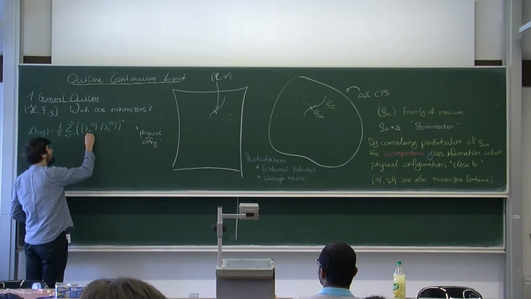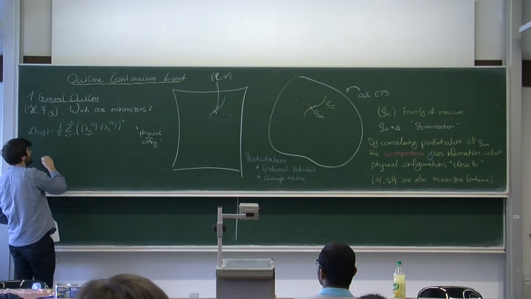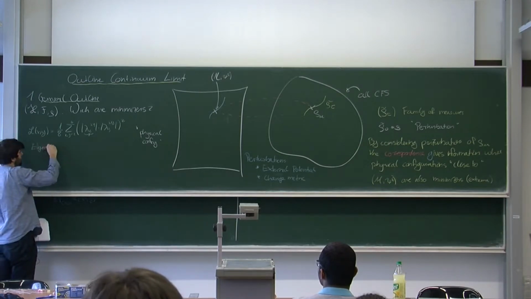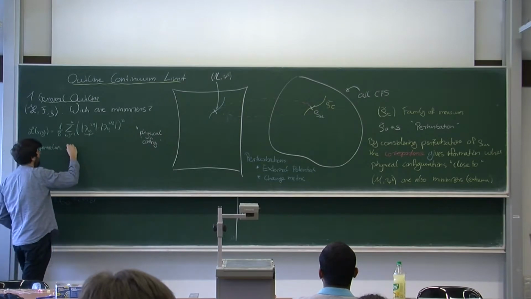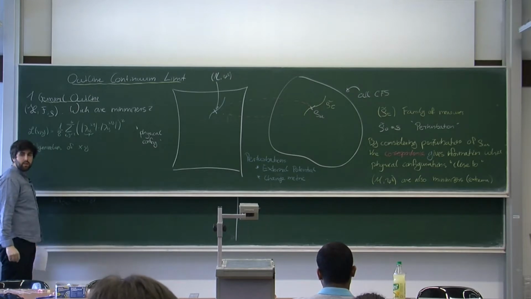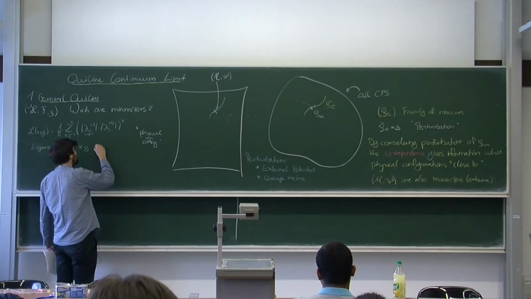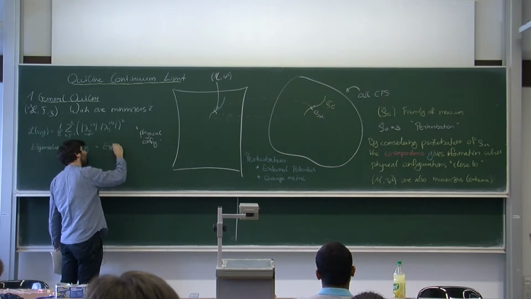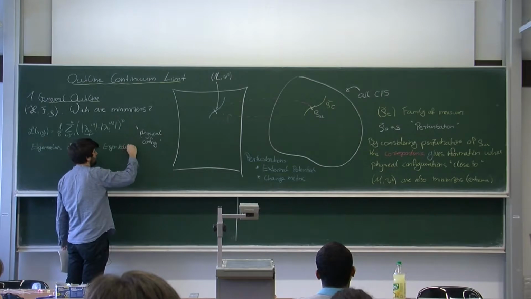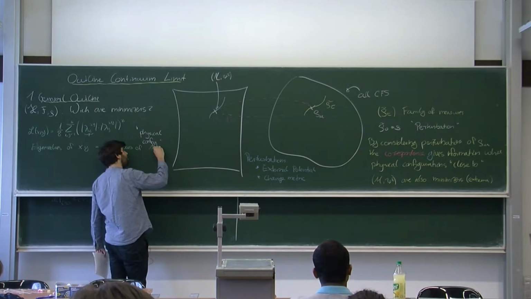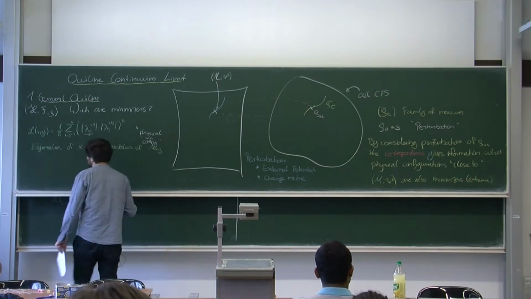And those are the eigenvalues of x times y. You've seen yesterday that these are the same as the eigenvalues of A_xy, and this is the closed chain.